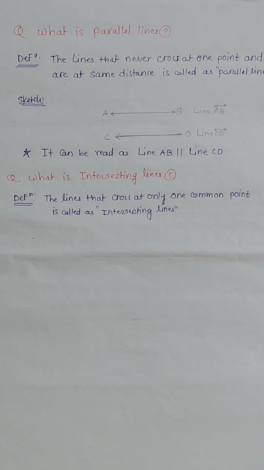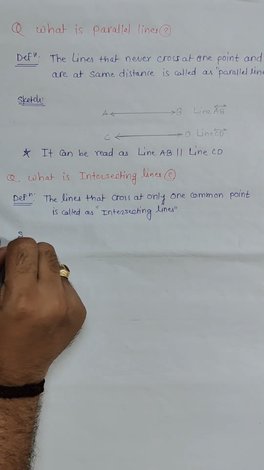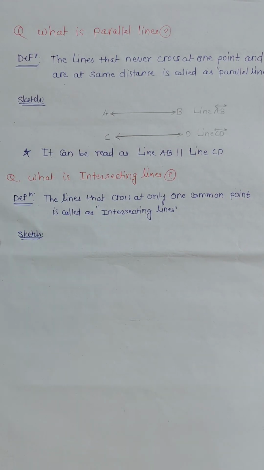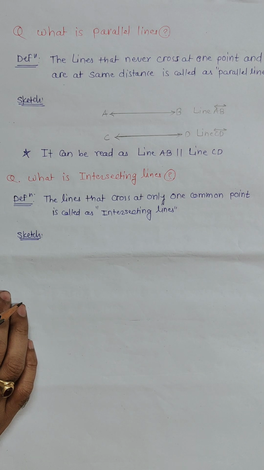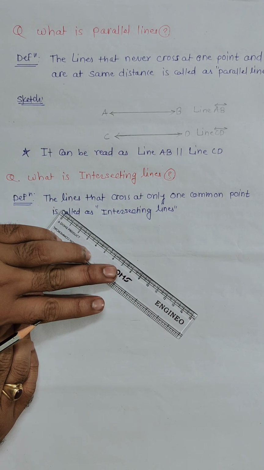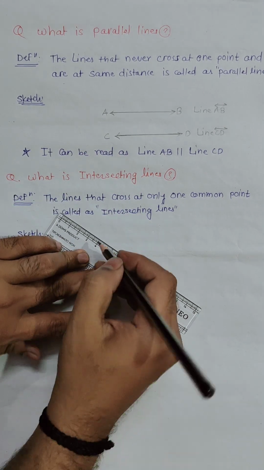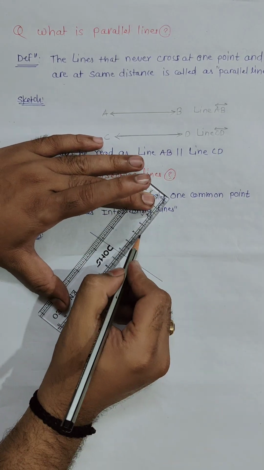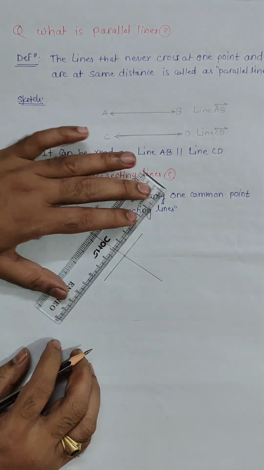Clear? Now, sketch of the intersecting line. How to draw the sketch of the intersecting line? Firstly, draw the intersecting lines which are connected at a common point. Two crossing lines you have to draw with the help of a ruler.